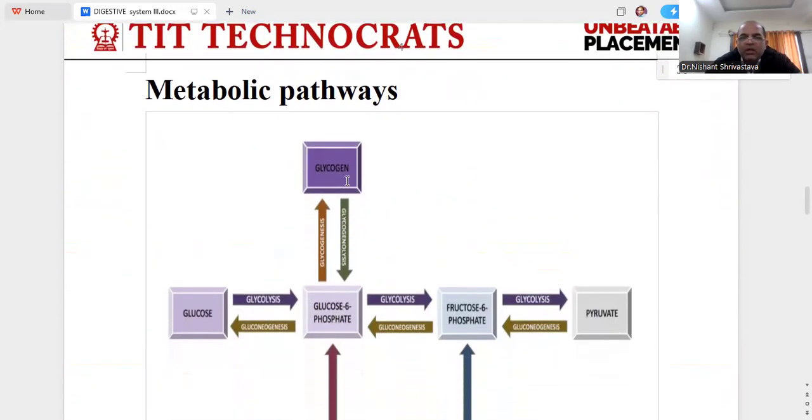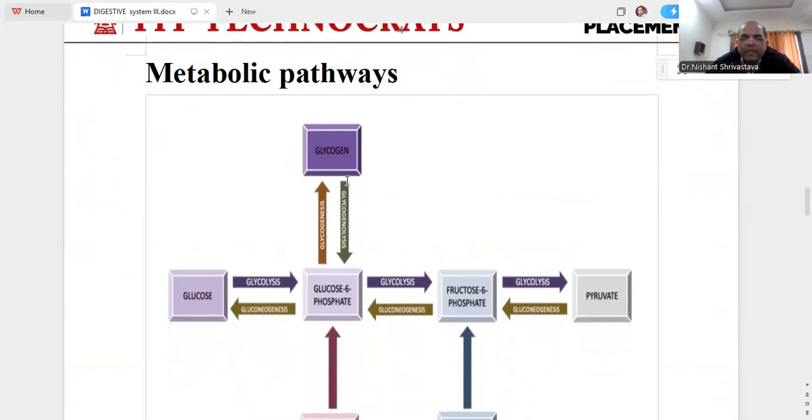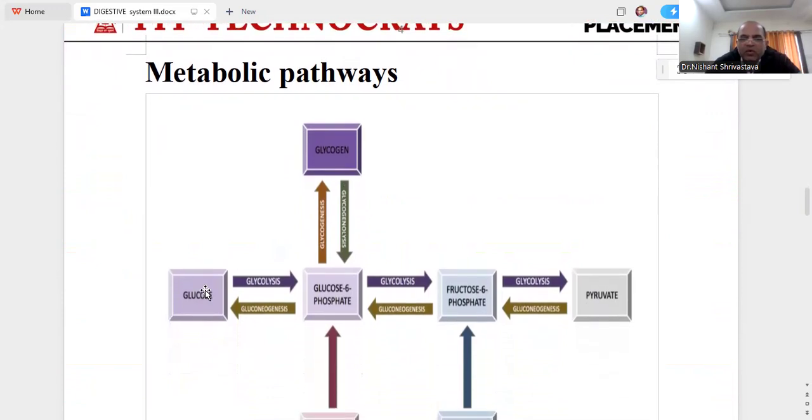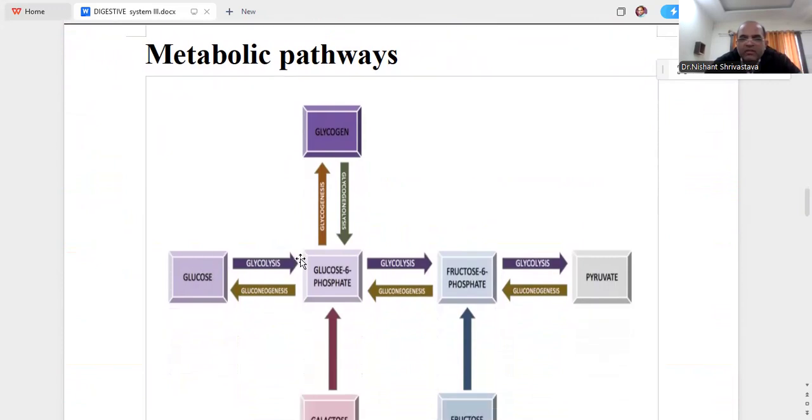So this is the metabolic pathway. This is the glucose. So by the process of glycolysis, glucose converts into glucose 6-phosphate. And glucose 6-phosphate by glycogenesis is stored in the form of glycogen. And by glycogenolysis, again, it converts into glucose 6-phosphate as per requirement.